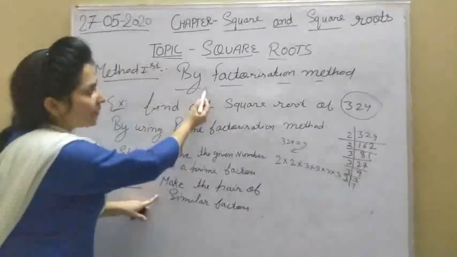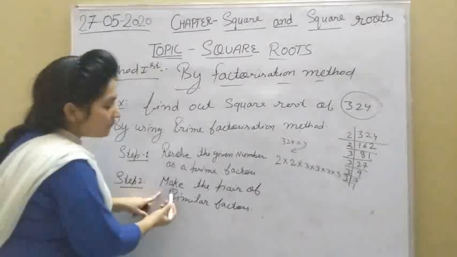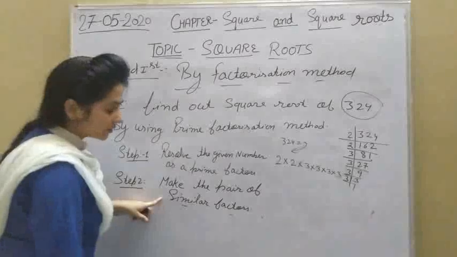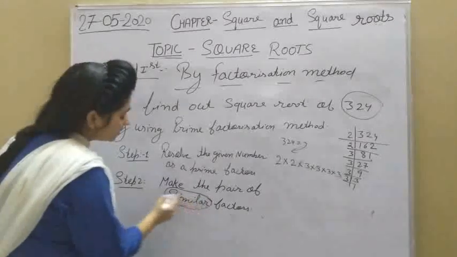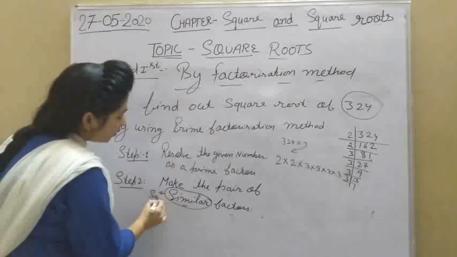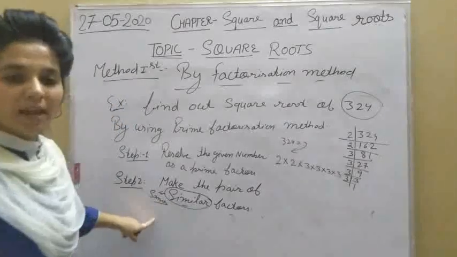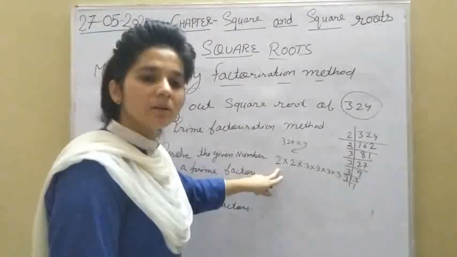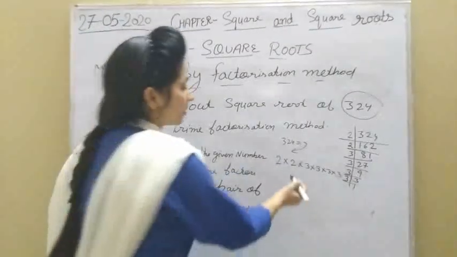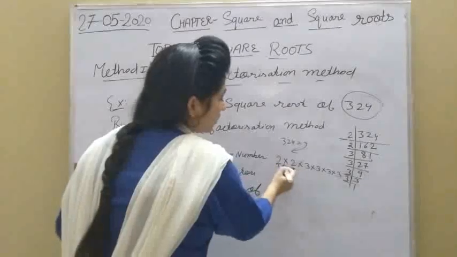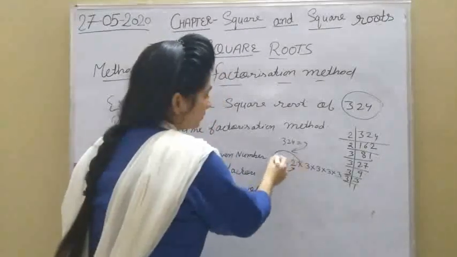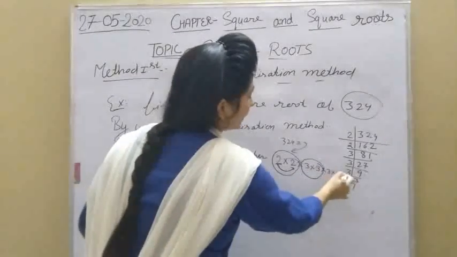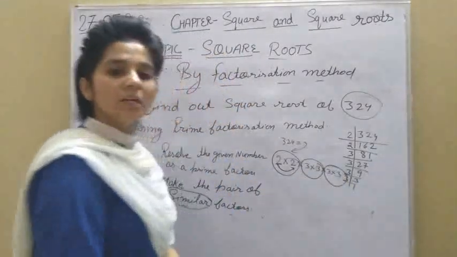So, in prime factorization method, we will make the pair of similar factors. Similar factor means we will find out the same factors of the given prime factors. To have one pair, second pair of the 3 and the third pair of the 3.